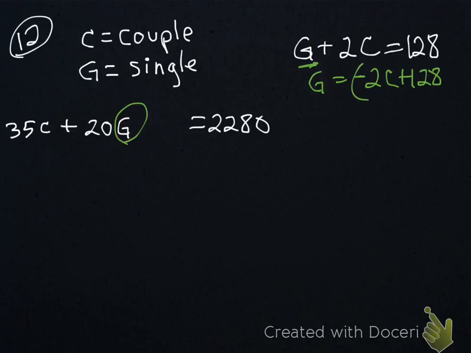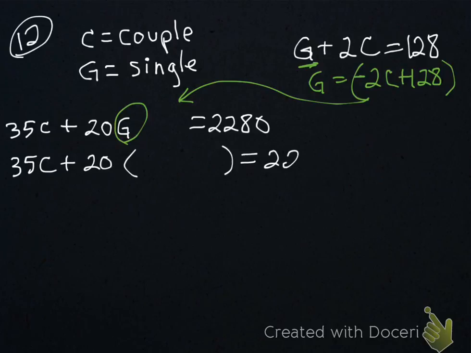That is what I'm going to plug in to my other equation. So when I do that, remember we're going to put our parentheses in there, so I have 35C plus 20 parentheses equals the 2,280. Now we plug in our expression: negative 2C plus 128. Now we can distribute. Now we can solve.